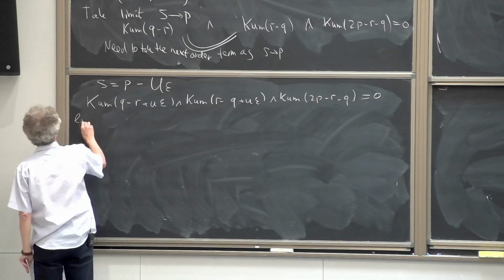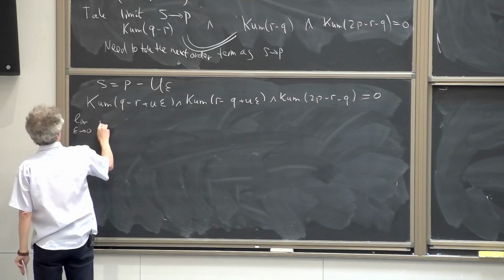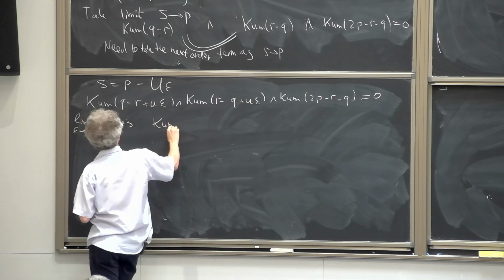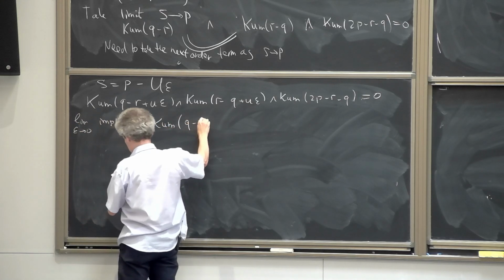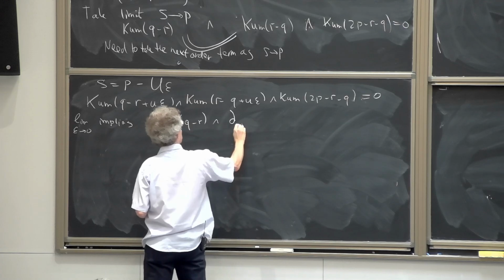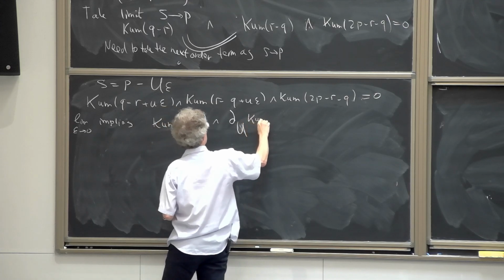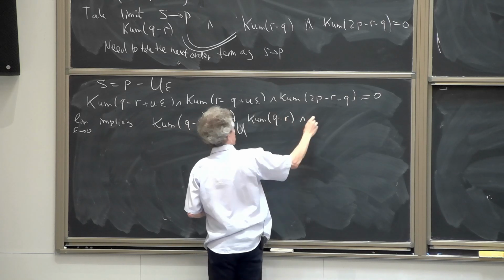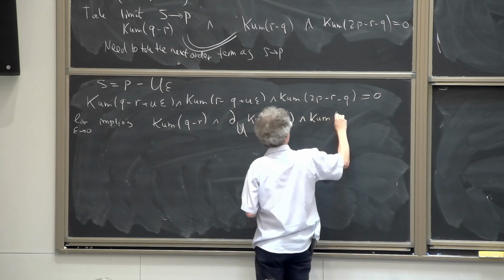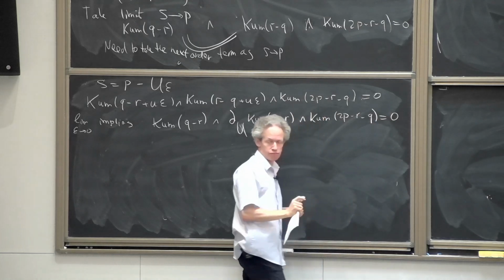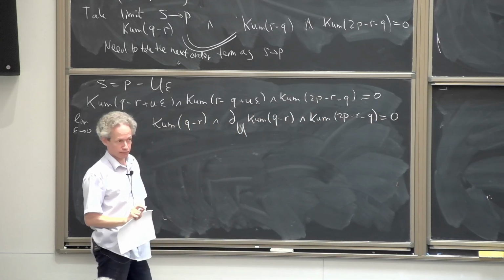So the limit, as epsilon goes to 0, implies the following statement, that if I take the Kummer image of Q minus R, and then I take the derivative with respect in direction U of the Kummer image evaluated at Q minus R, and I take this, then this is 0. Okay?